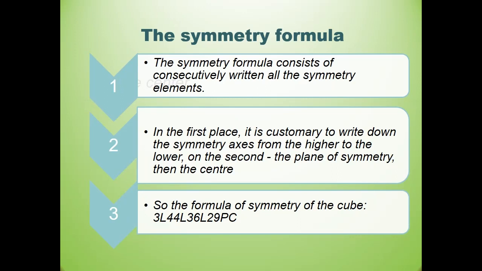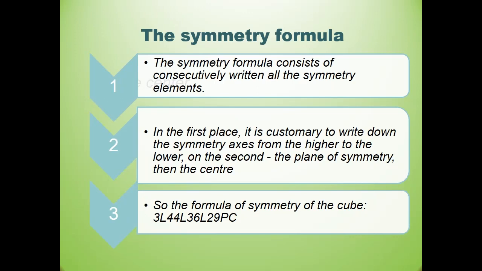However, the symmetry formula itself doesn't carry any information. To decipher it, we must take into account the theorems of the combination of symmetry operations. There are a lot of these theorems, and it's rather difficult to remember them.